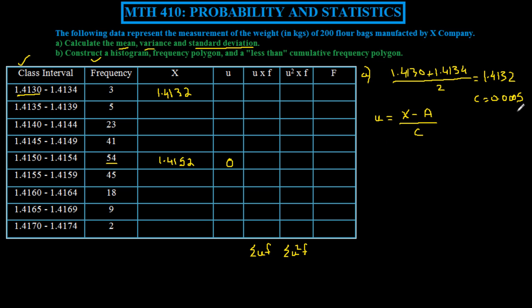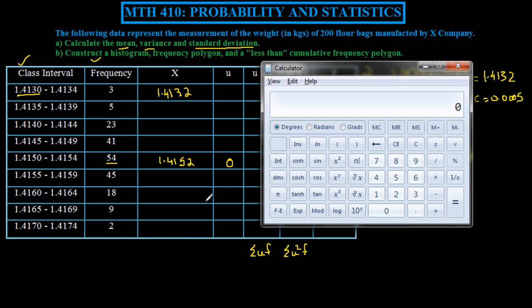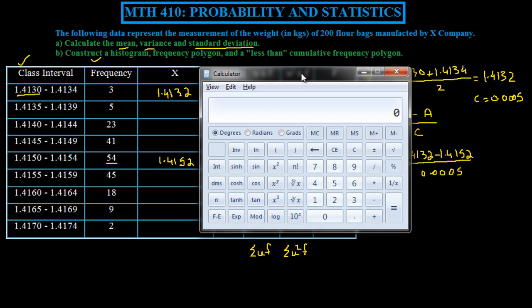In this case, u is equal to 1.4132 minus 1.4152 over 0.0005, which is minus 4.